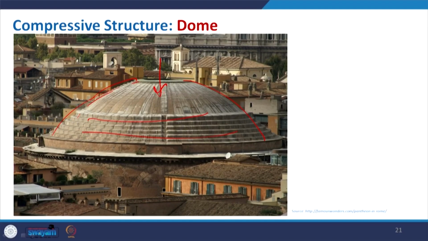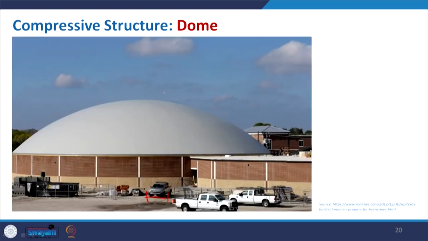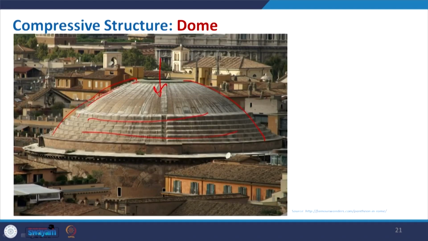Here it was used in Roman architecture, and the earlier example that I showed you is in the modern age. Definitely the earlier one was made only with compressive material, concrete only, but here the use of steel and reinforcement made it successfully implemented for the purpose.